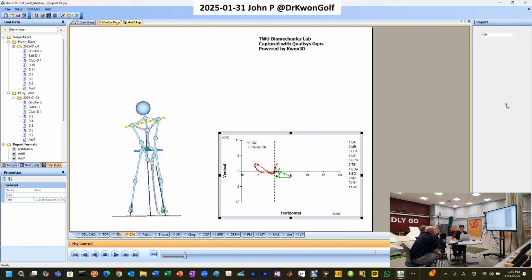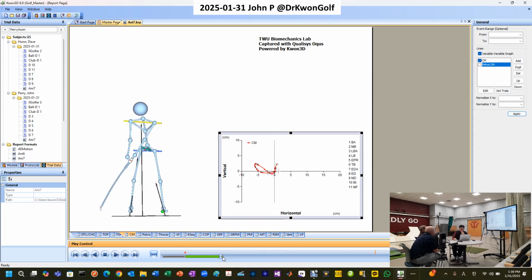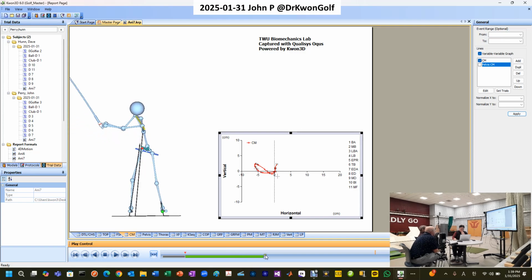Let me just show the center of mass motion. So this is center of mass motion. At this point, the center of mass is located here. And then it moves quite a bit in the backswing. But the problem is that at this position here, you will see that your upper body is leaning away.